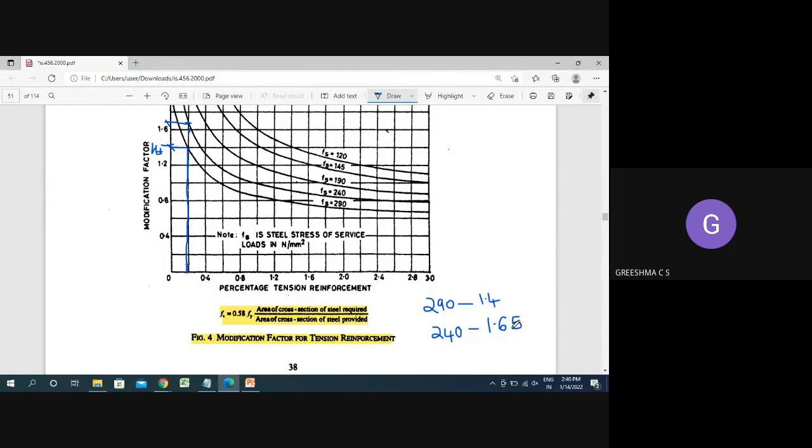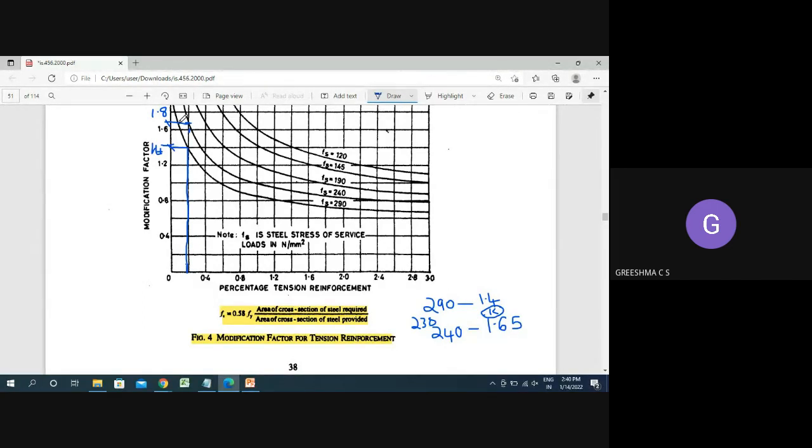So tell me what will be the value? You have to get the K value corresponding to 238 by interpolation and tell me. I think this is 1.8. It will not be 1.7, okay, 1.6 itself.